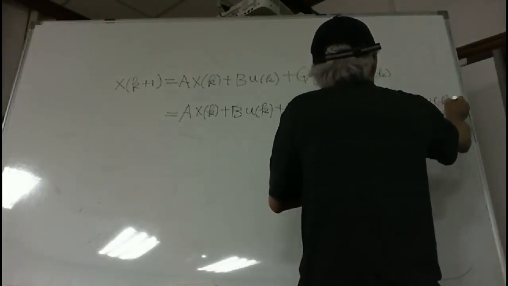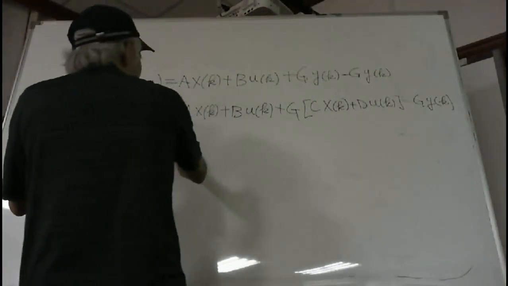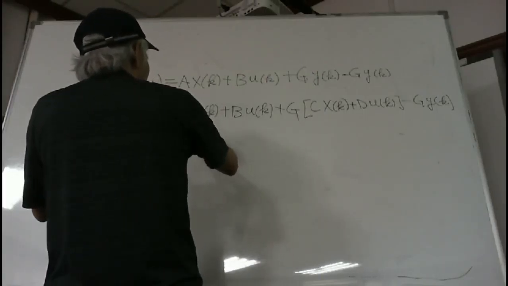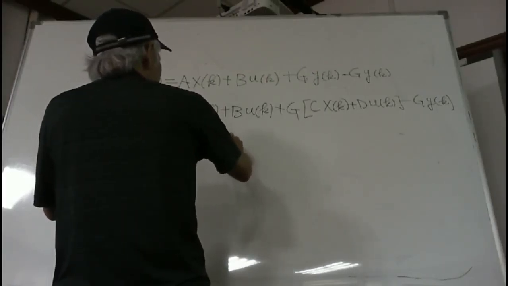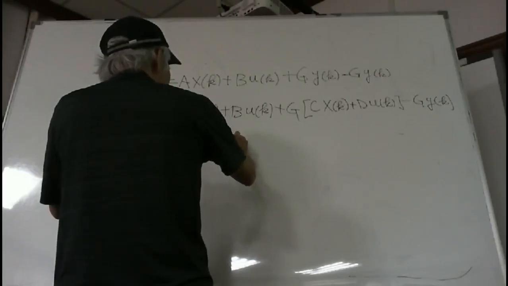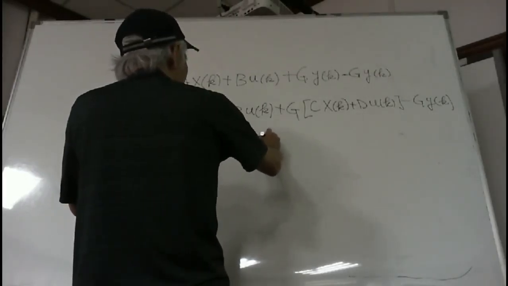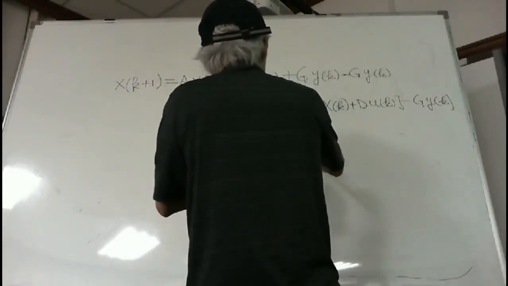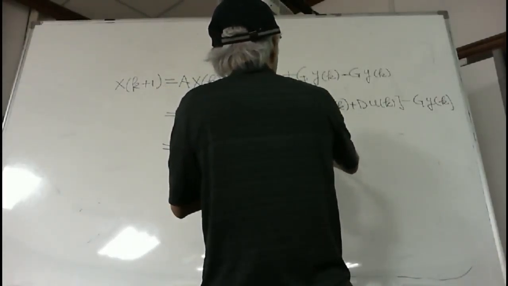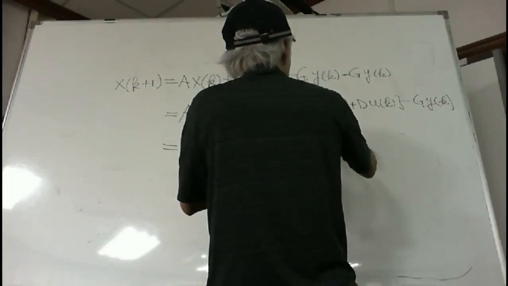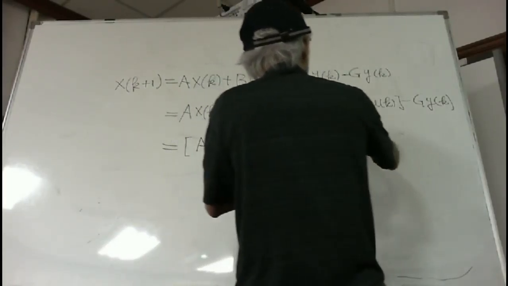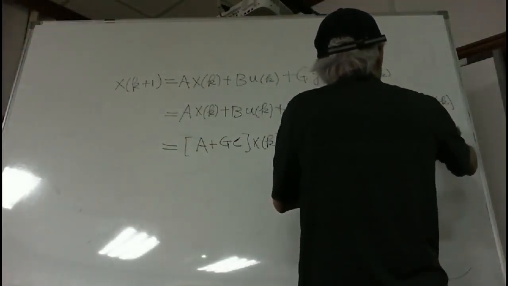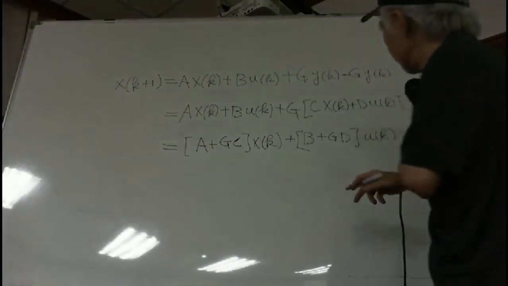Then that equals A plus GC times xk, then plus B plus GD times uk minus Gyk.